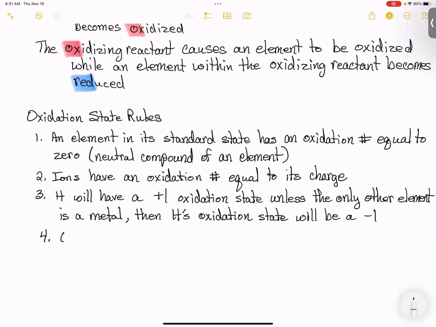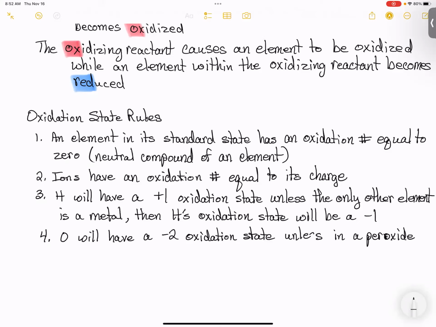Rule 4, oxygen will have a -2 oxidation state unless in a peroxide. Then it has a -1 oxidation state.